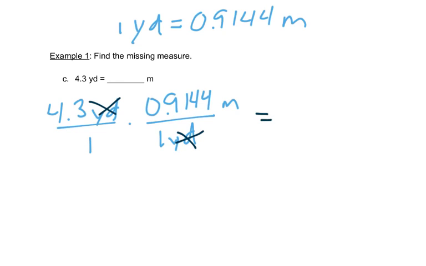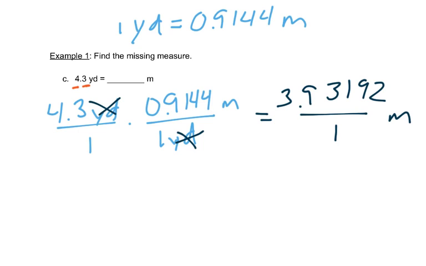Yards cancel out, so we'll multiply 4.3 times 0.9144, and we get 3.93192 over 1 meters. Now let's talk about our significant digits here. We have a 4 and a 3, that's 2 significant digits, which means we need 2 significant digits here. The 3 after the 9 tells us to leave the 9 alone, so our answer will be 3.9 meters.